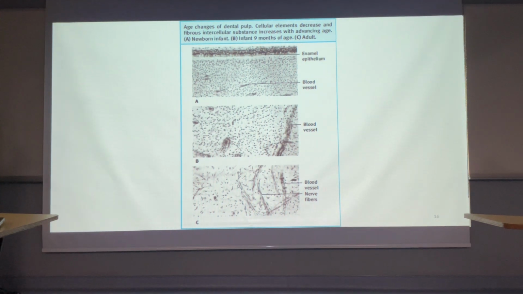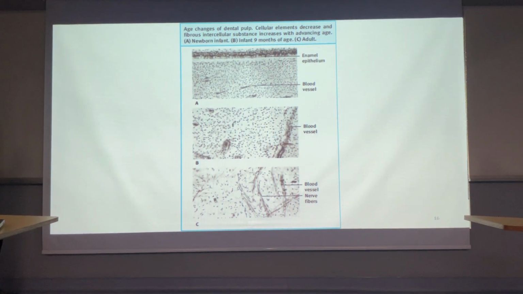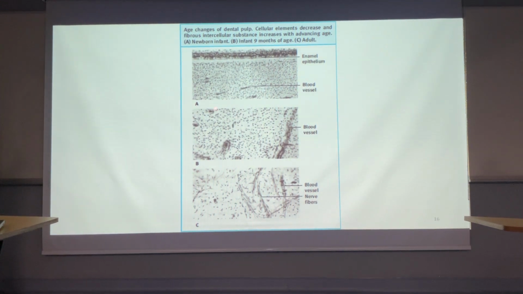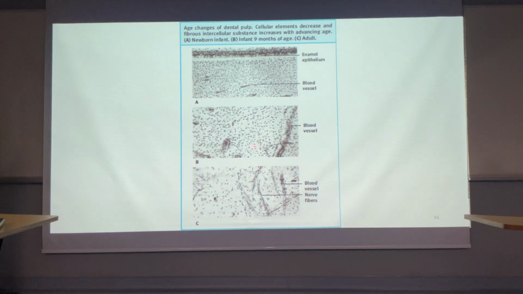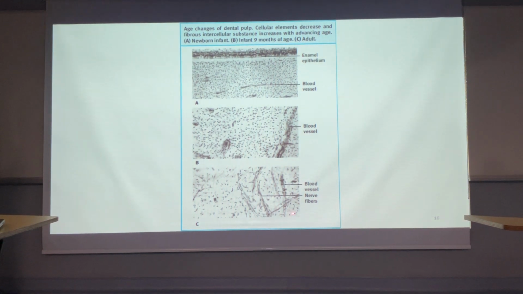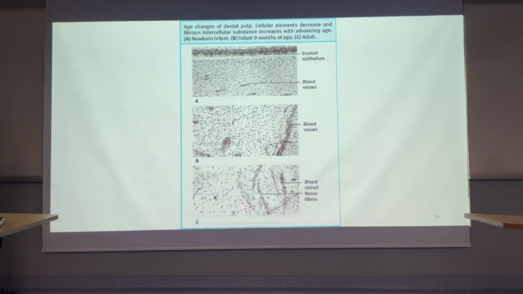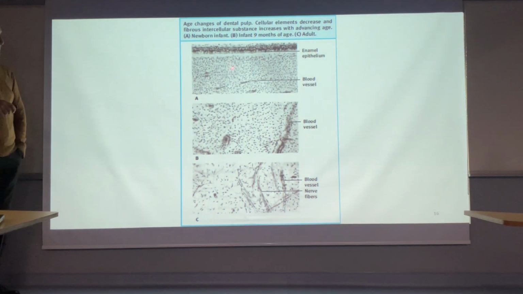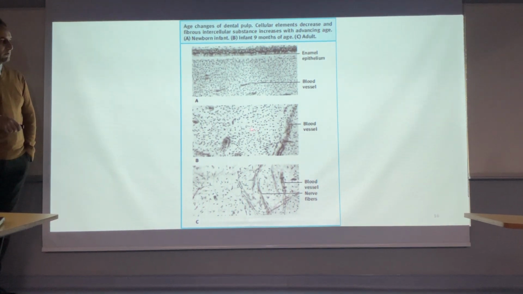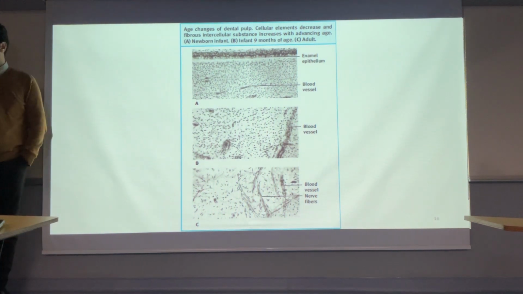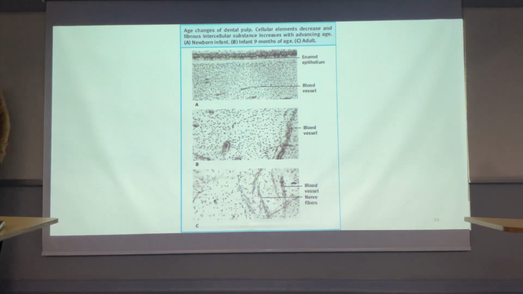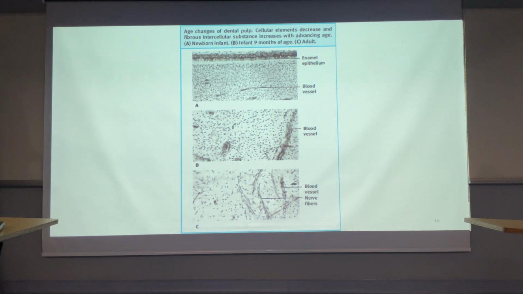Here again, you can see the pulp of a newborn, and you can see the pulp of an infant in the child stage, and this is the pulp of adults. What are the differences between the pulp of newborn, infant, and adult? What can you see, and why are these differences present?